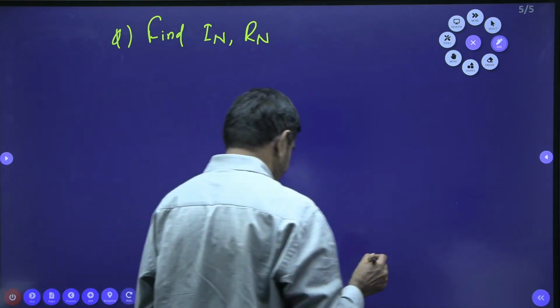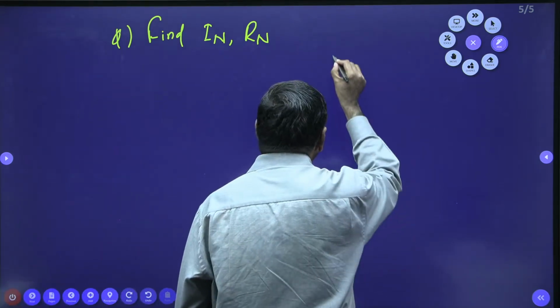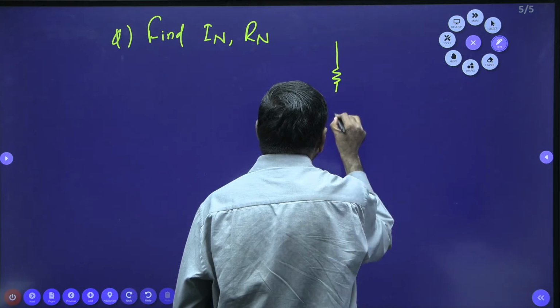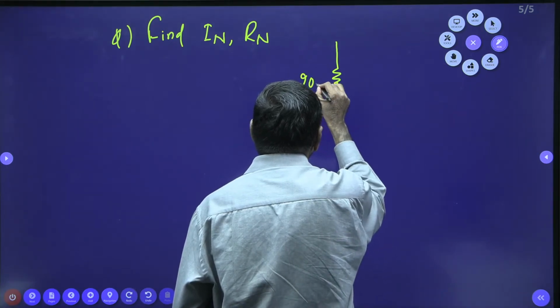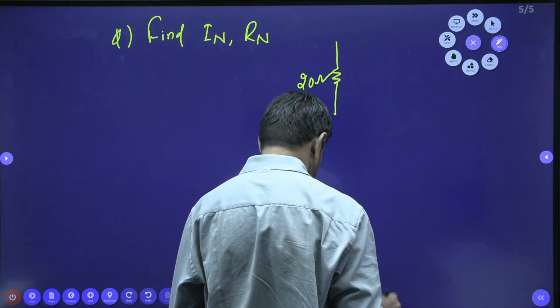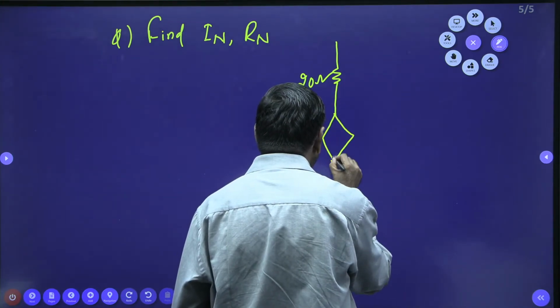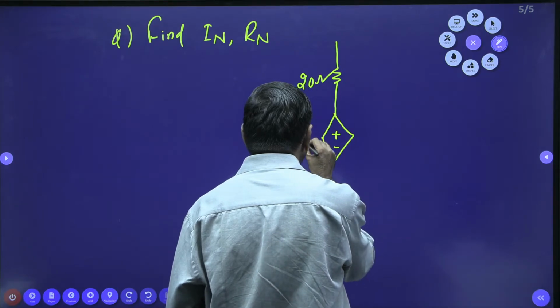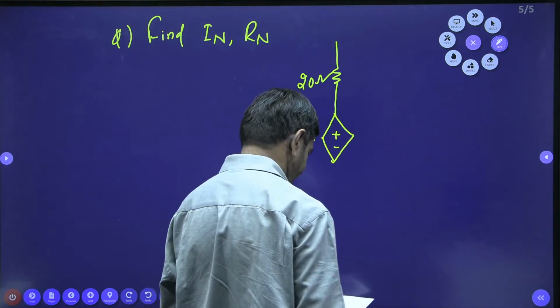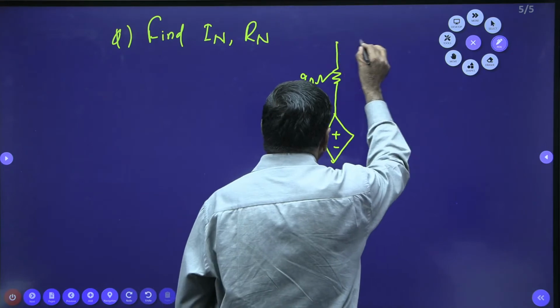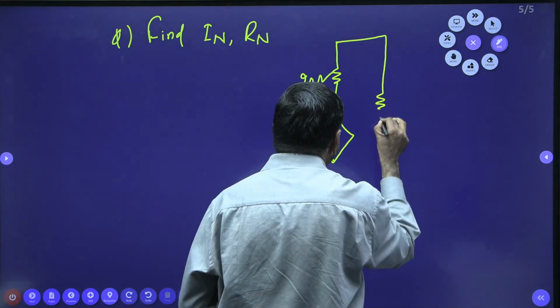And the network is given here: a 20 ohm resistor here, with a dependent source, 20 ohms, 10I, dependent source is given. This is 10I. Load resistor RL is connected here.